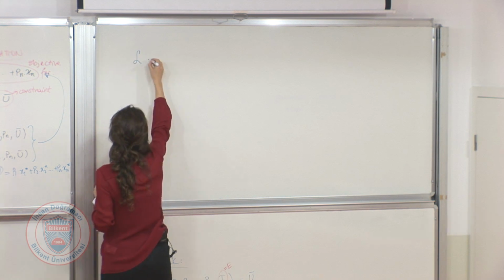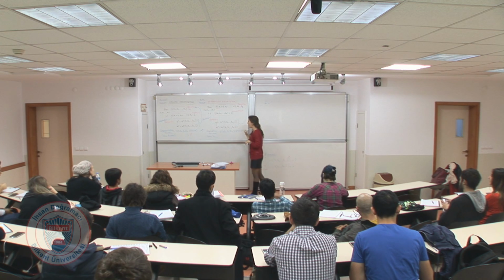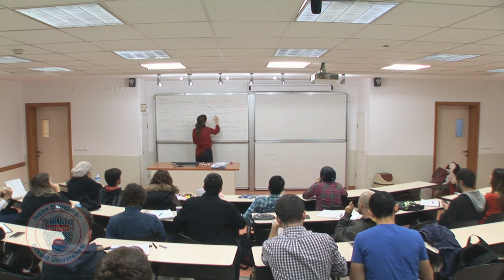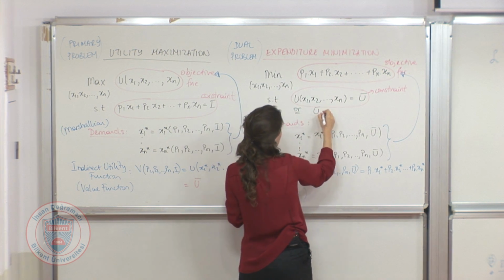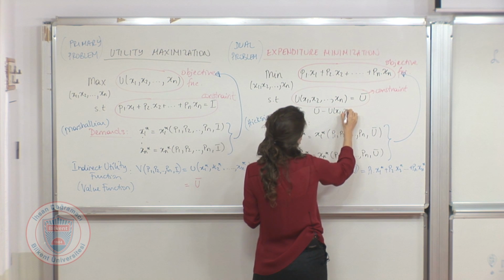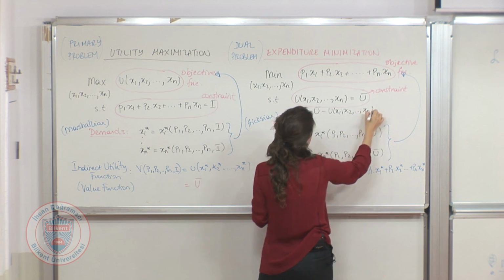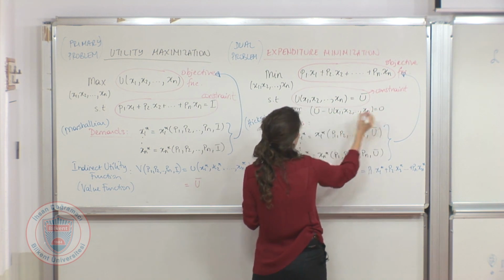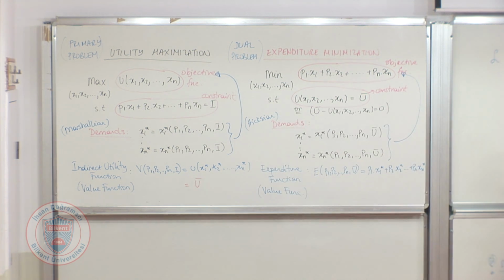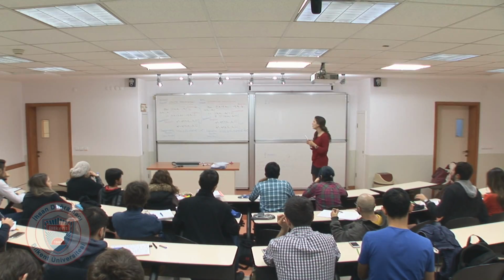Basically, let me form the Lagrangian. And don't forget that for this constraint, I can always write U bar minus utility of x1, x2, xn equals to 0, okay? So you can always write the constraint like this. So how will I form it?